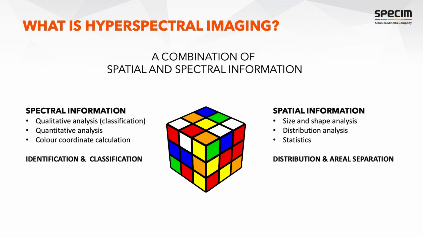From the spectral information, you can retrieve information about your samples, what they are, with qualitative and quantitative analysis as well. But then you also have the spatial information, so you can see the distribution or the place of this something. So hyperspectral imaging is that, a combination of spatial information with spectroscopic information.